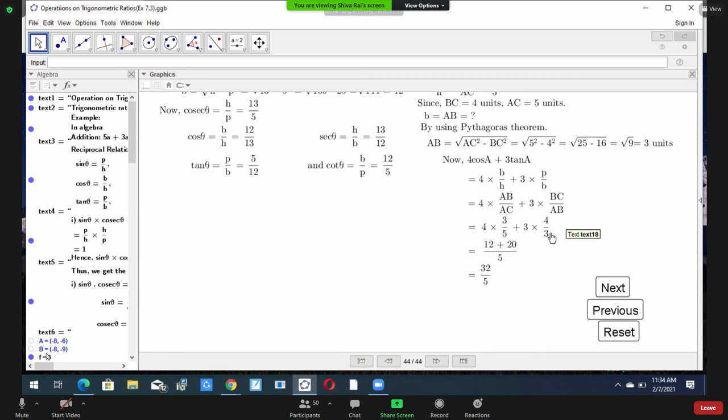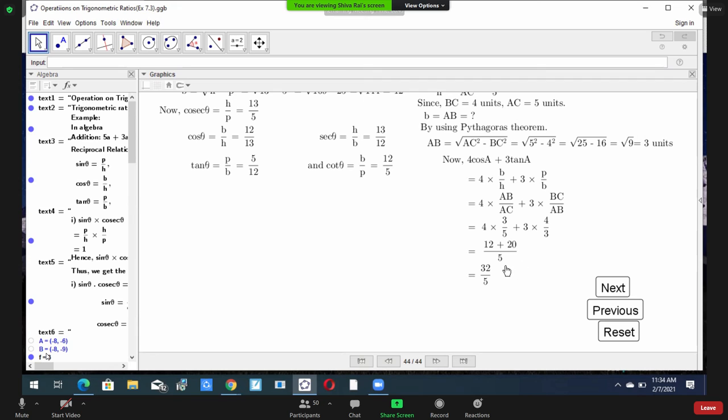One step I am skipping here. Try to understand. It becomes 4 threes are 12, 12 upon 5. Here 3 and 3 we can cut, and it becomes only 4. So it becomes 12 upon 5 plus 4. In another step, take the LCM of 5 and the other denominator 1.